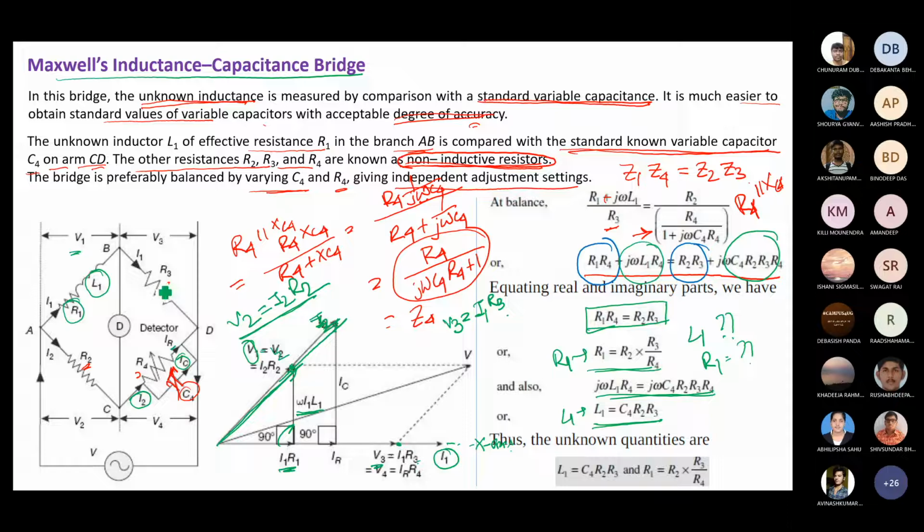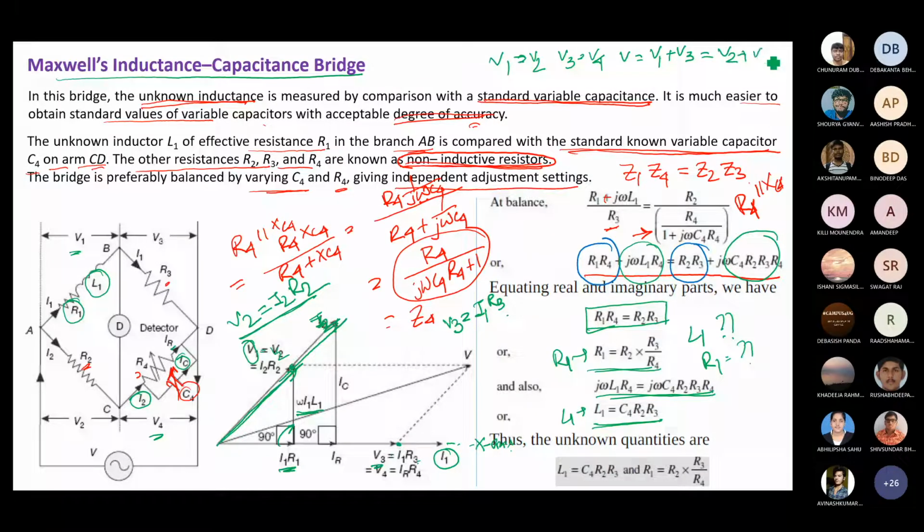Now V3 equal to V4. At equilibrium condition, what are the things? V1 equal to V2, V3 equal to V4, and V equal to V1 plus V3 or V2 plus V4.